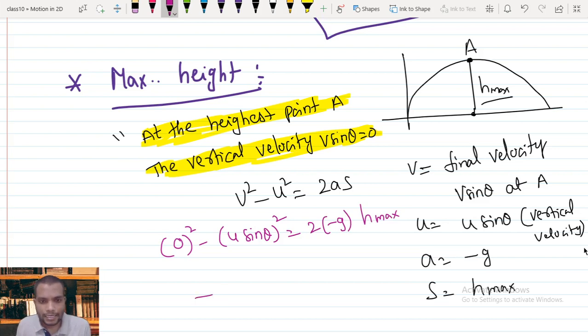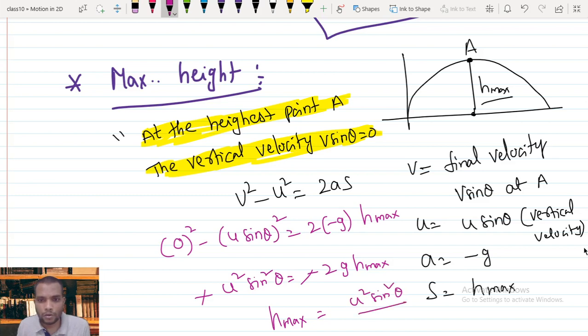So I get negative u square sine square theta equals negative g h max, and the negative terms cancel. Therefore h max equals u square sine square theta upon 2g.